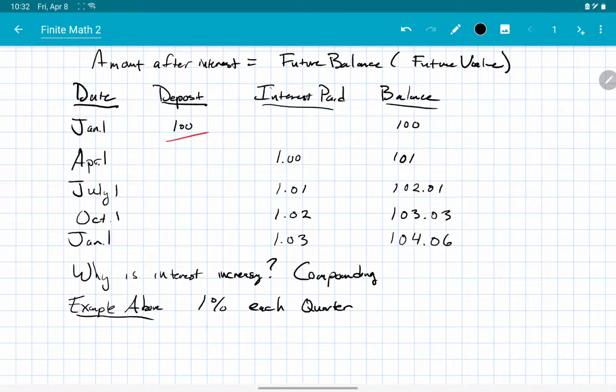The bank is going to say 4% interest paid quarterly, or 4% annual interest paid quarterly. Or instead of paid, they might say compounded quarterly. And the above situation in that table is what would happen for 4% annual interest compounded quarterly. That means each quarter you would earn a 1% interest.